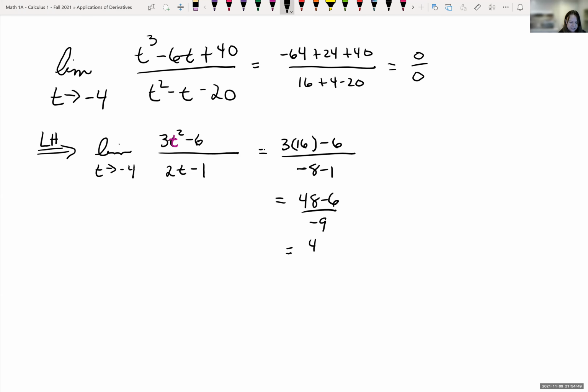So I have 42 over -9. Those are both divisible by 3. So -3 goes into 42 14 times, all over 3. So it looks like my answer is -14/3.